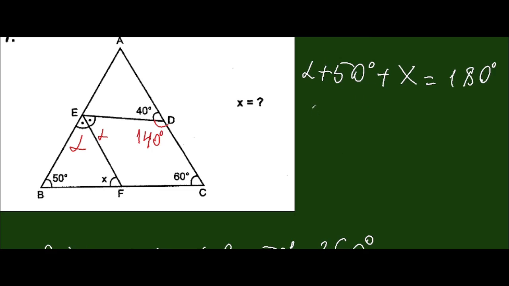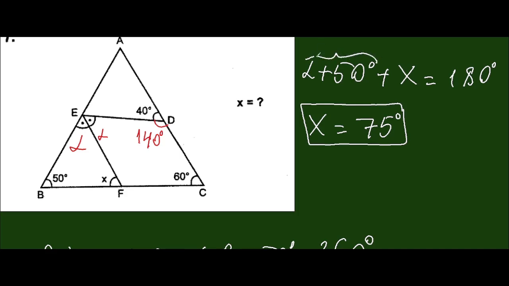We can put it into this, and it will be 105 degrees, which means that x will equal 75 degrees. If we put here, this one will give us 105 degrees. So let's move on. The 8th problem, and the last one, is this.